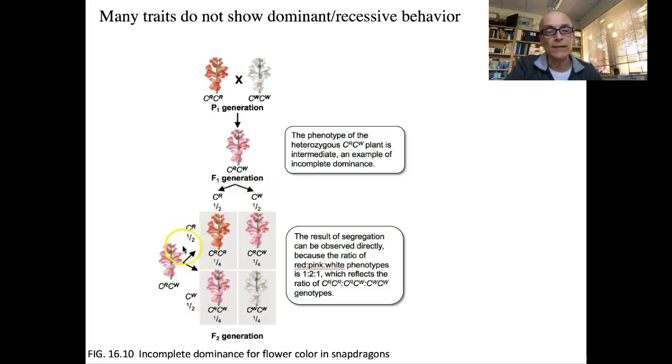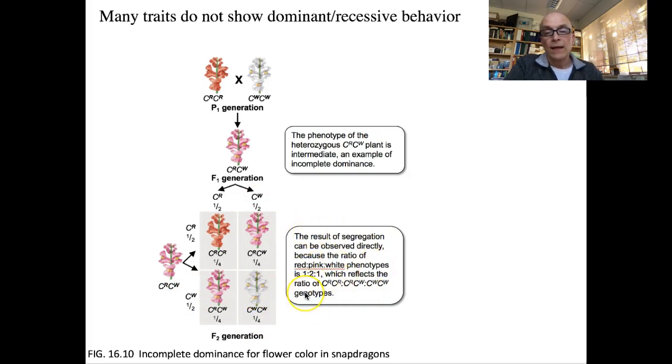And then you could see, well, what would happen if you combined a gamete with a red allele with another gamete from the father with a red allele? Well, you would have a red flower. And if you had a red and white combined, you would have a pink one. And only in the case of two white alleles would you get a white flower.